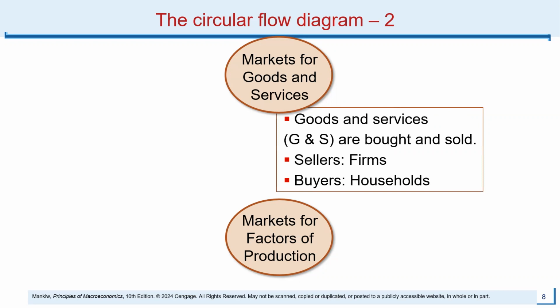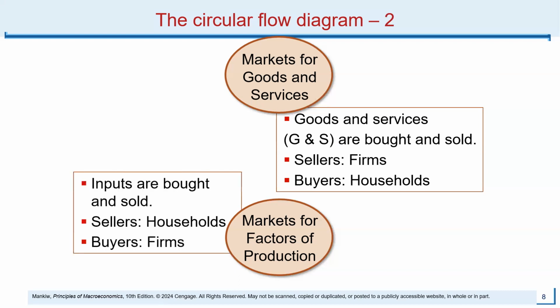The market for goods and services is a place where all those goods and services are bought and sold. The sellers will be the firms because they are the ones who produce. The buyers will be the households because they need those goods and services to sustain their living and get some utility.